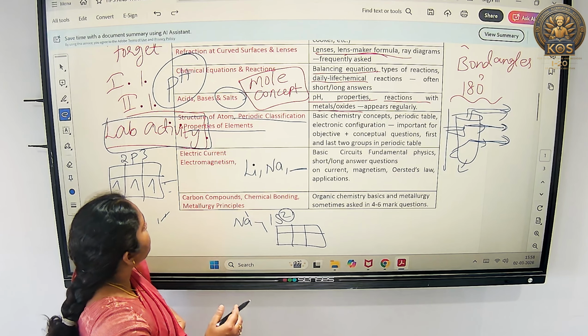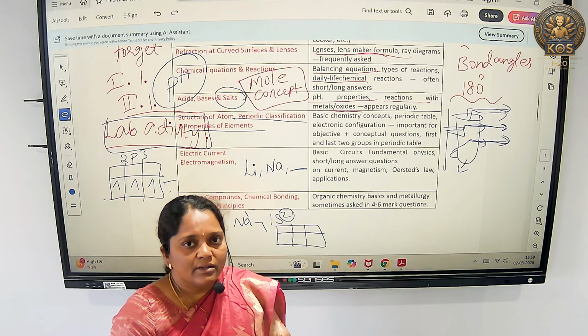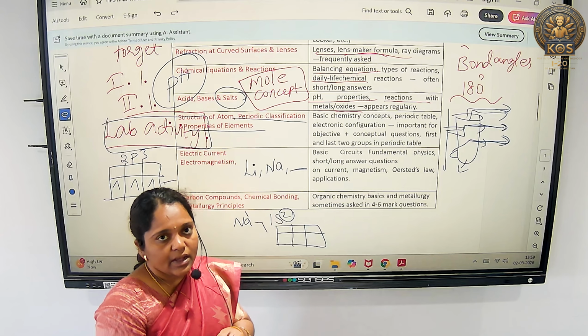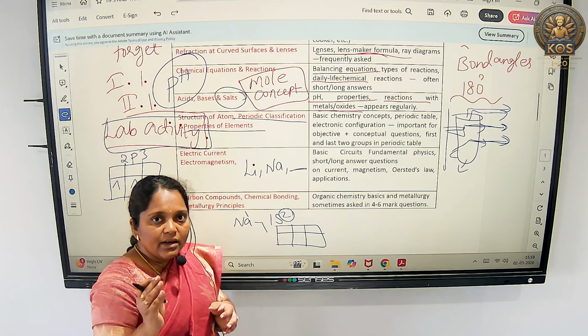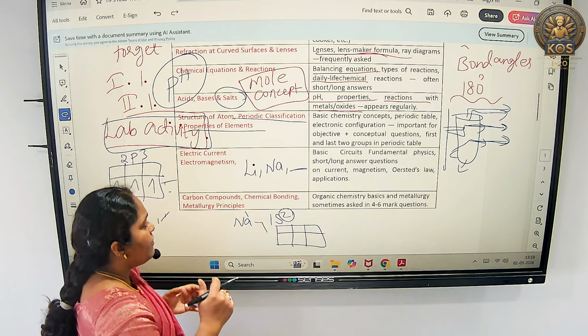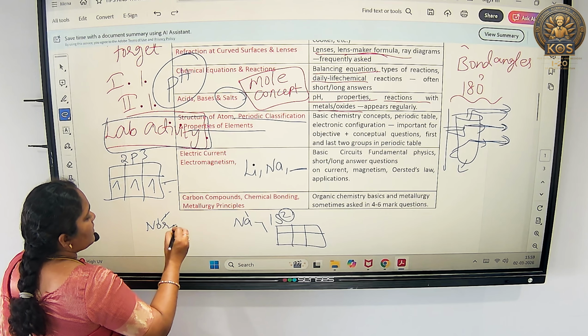Now coming to the human eye lesson. In this lesson we have myopia and hypermetropia eye defects, then normal eye vision, and how to correct them is also given. Whenever you write such a question, first draw the normal vision.